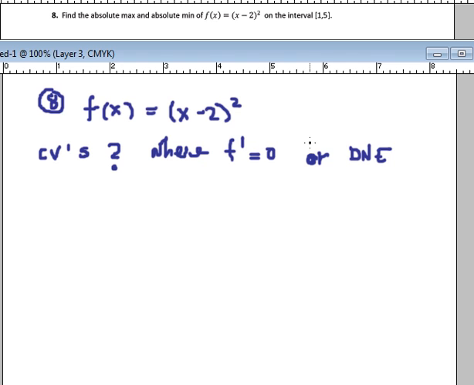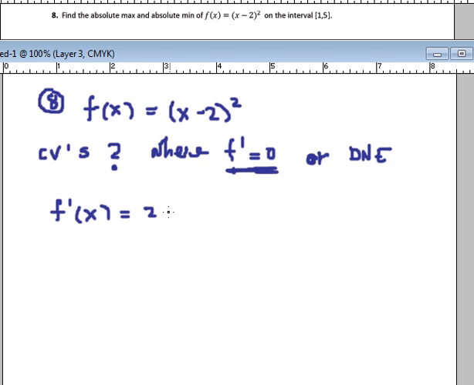But f does exist. Alright, so that's where we get critical values. In this case, f is a polynomial, and f prime is going to be also a polynomial, a simple expression. So we're only going to find critical values where f prime is equal to 0. So let's calculate f prime.